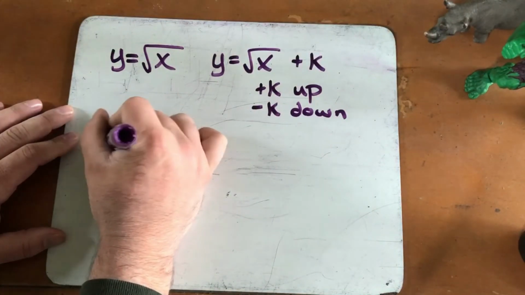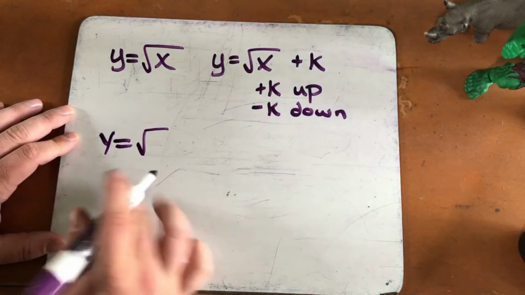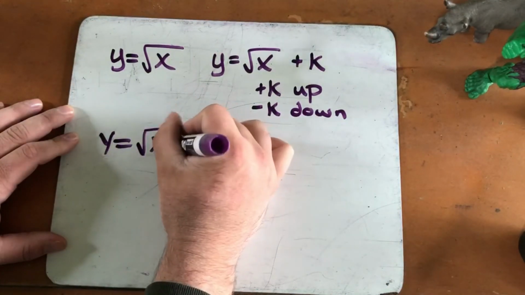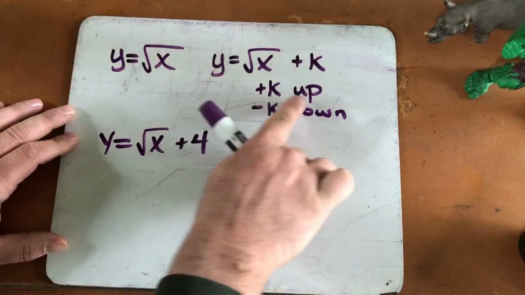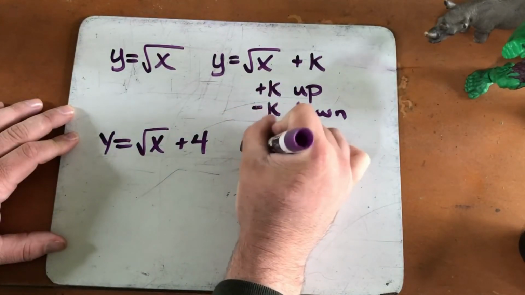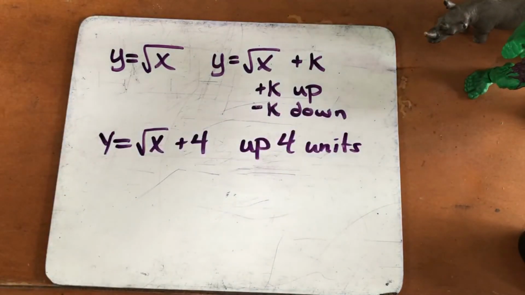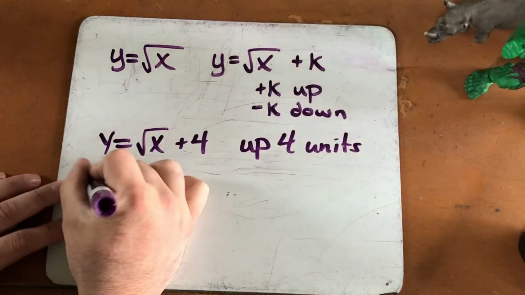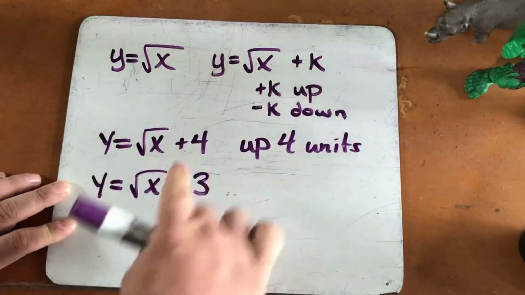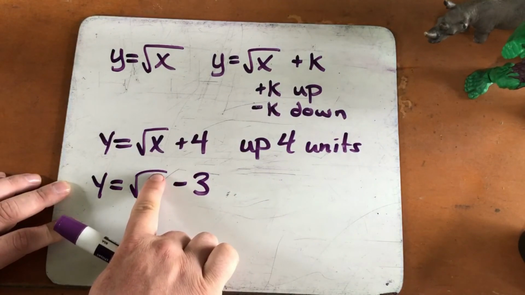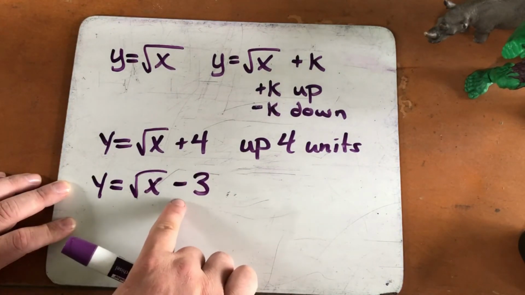So if I have y equals the square root of x plus 4, since it says plus 4, and I know that plus k goes up, then this is going up 4 units. If I have y equals the square root of x minus 3, notice the bar for the square root does not extend all the way over the 3, so this is not underneath the radical.